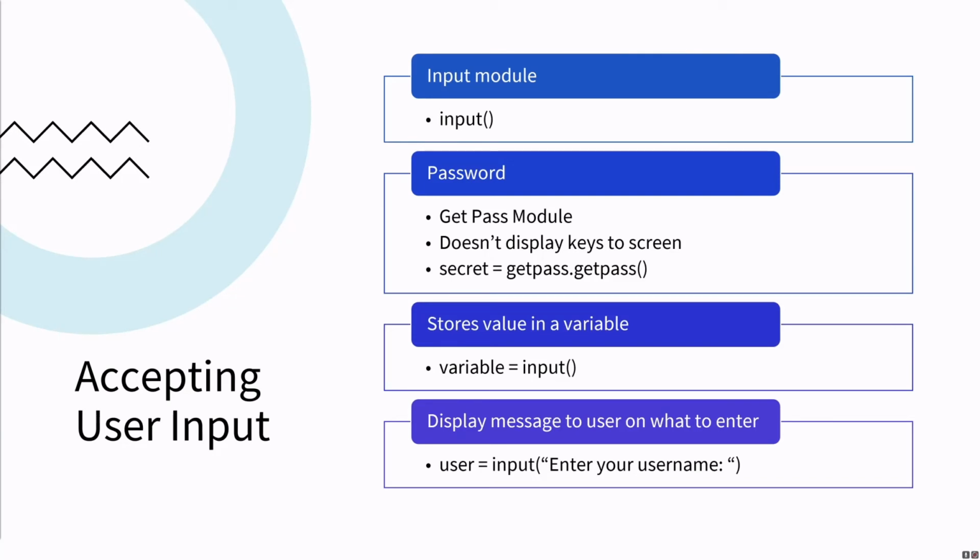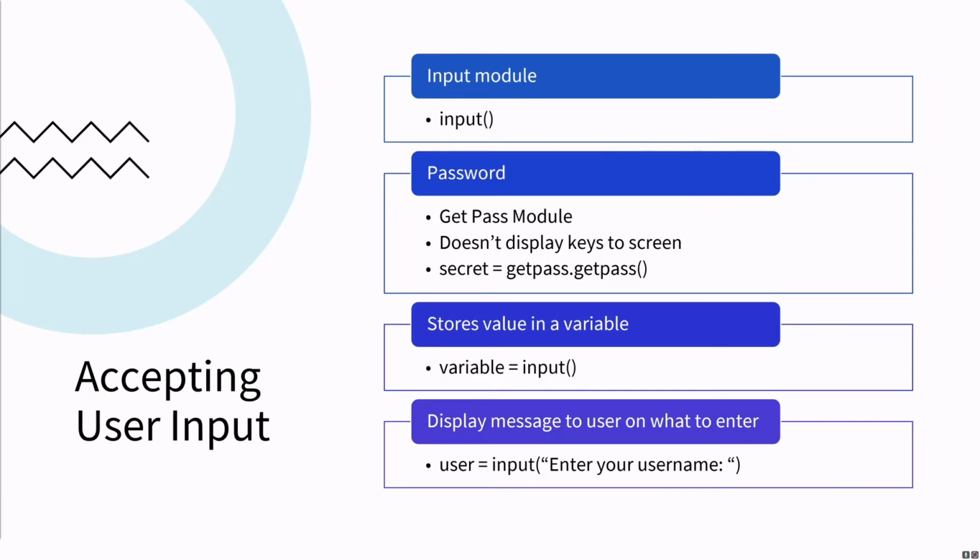For passwords, we do not want to use the input module, because as you'll see in the example, if you use the input module, what you type is displayed to the screen. If we did passwords this way, that would make the screen vulnerable to shoulder surfers who look over your shoulder while you're typing in your username and password, or screen crabs that could grab whatever is displayed on your screen and export it to a storage site off-site.